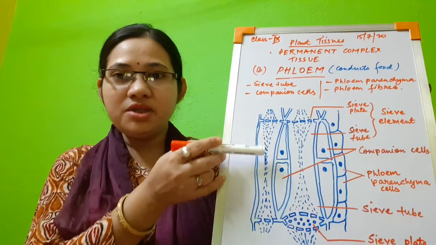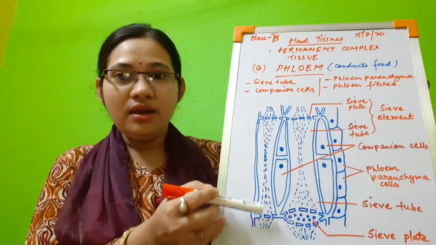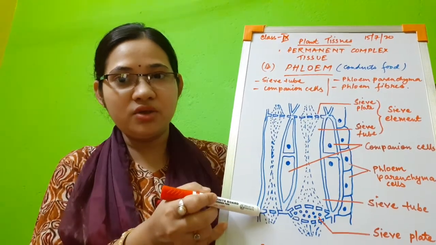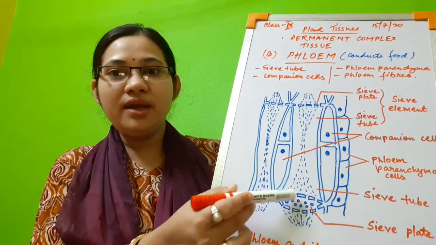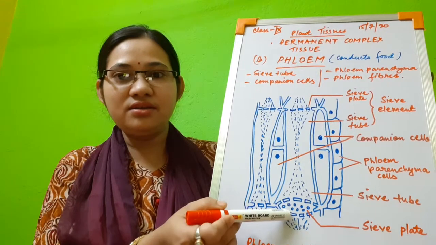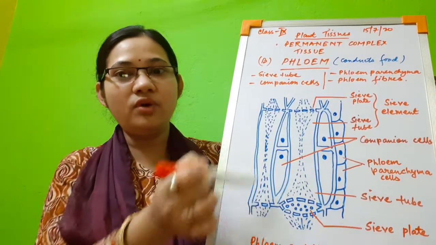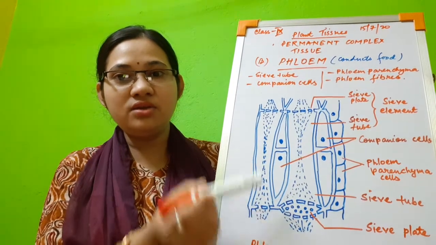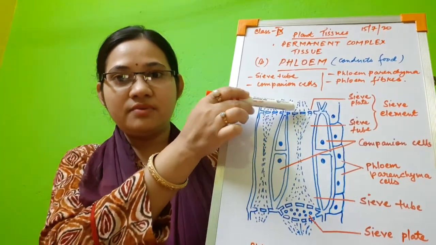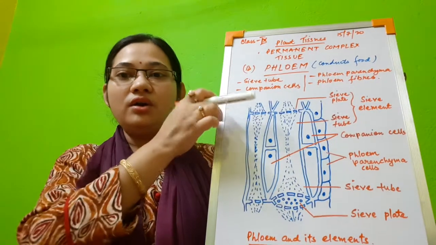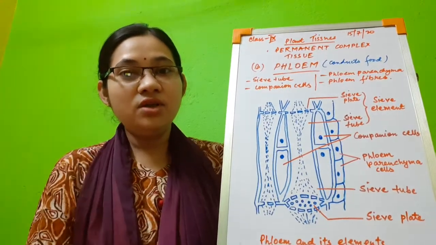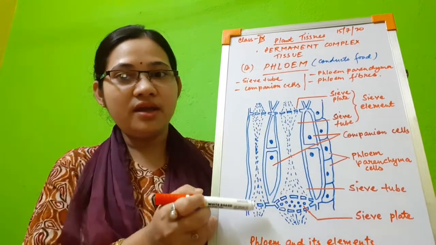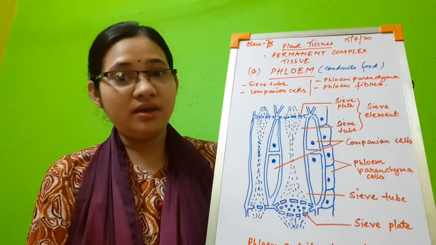These sieve tube cells have sieve plates at their anterior and posterior ends. I have drawn only one out of the 4. The sieve plate is present here, here, and here. The elongated cells are called sieve tubes, and they have sieve plates at their anterior and posterior ends.